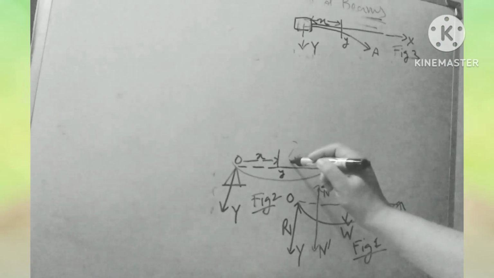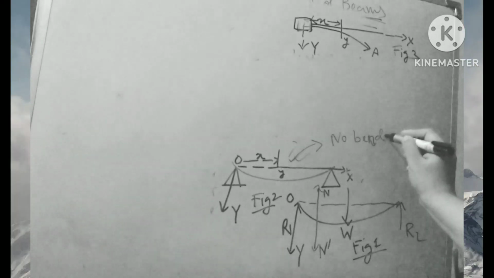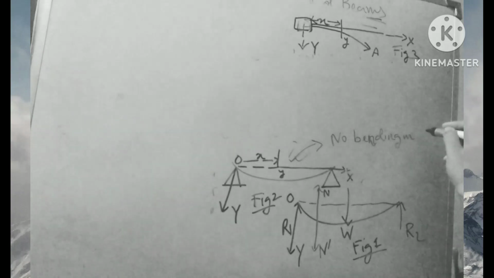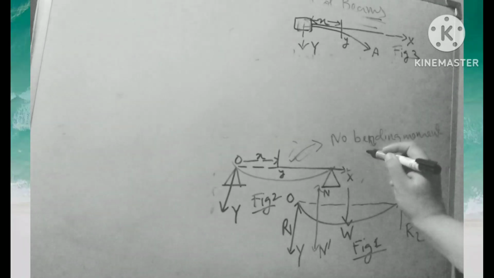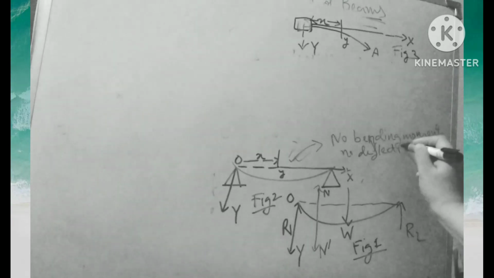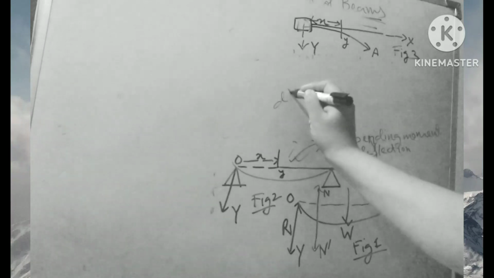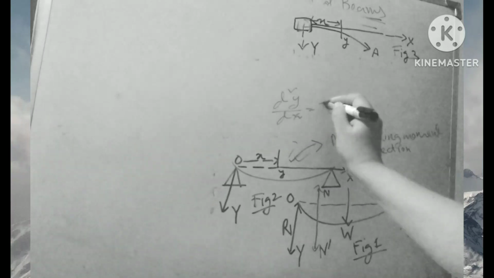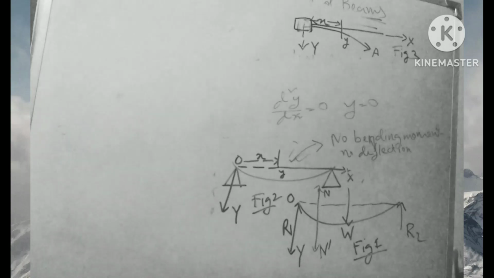In figures 1 and 2 you will see no deflection and no bending moment. So d square y by dx square equals 0 and y equals 0.